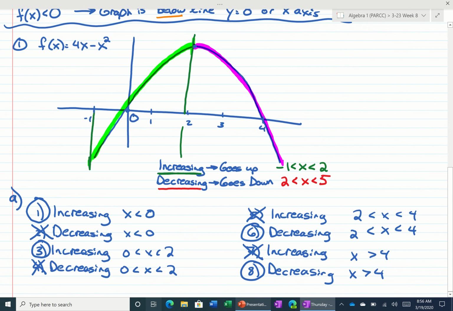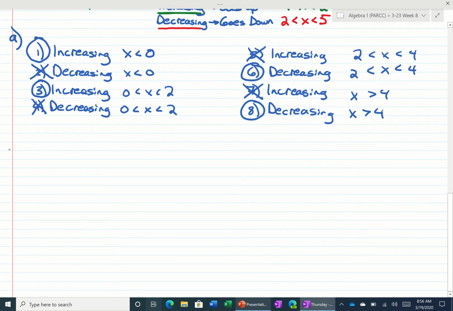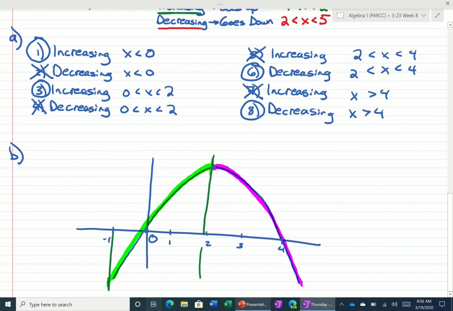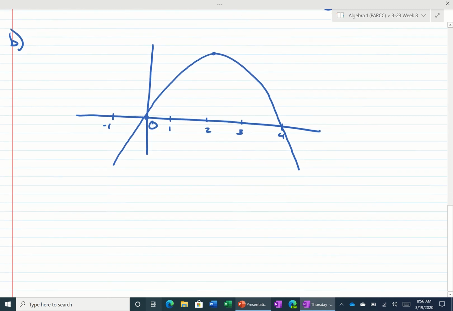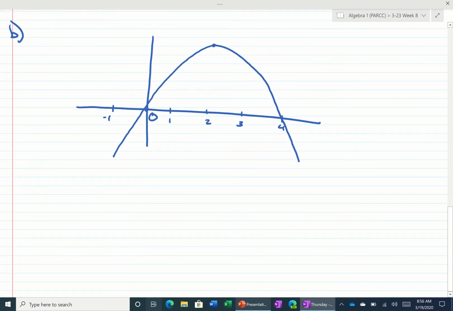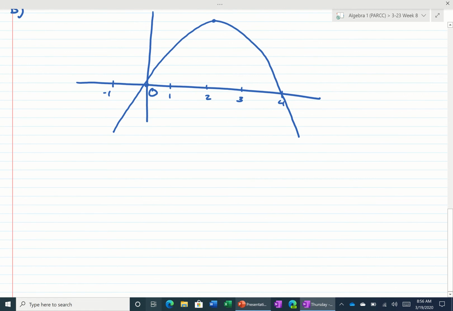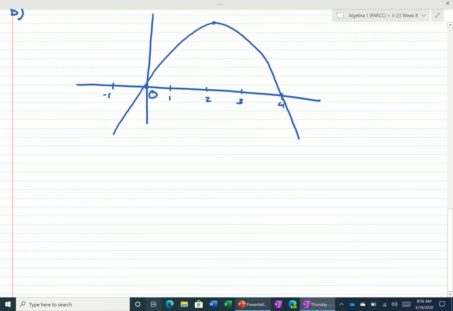This is part A. For part B, let me paste this graph and clear out some of this other stuff. For part B, it's asking us whether f of x is less than or greater than 0 during different intervals.